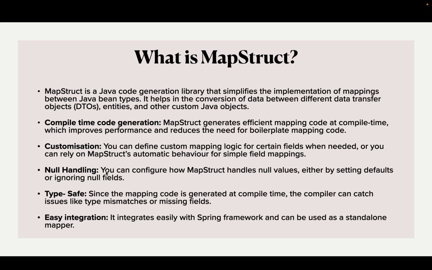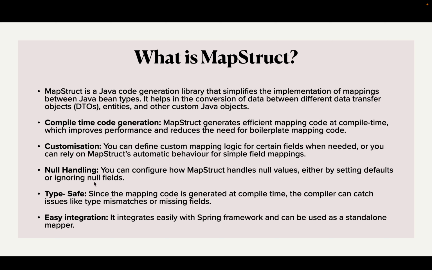Then next comes null handling. For all of us, null pointer exception or null handling is a difficult thing. MapStruct helps us to configure how it needs to handle the null values. Either it needs to set default null values, or it should ignore the null fields. How do we want our mapper to behave? If there are any null fields, please ignore them.